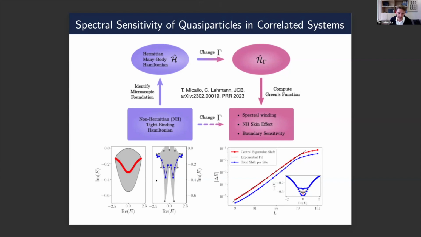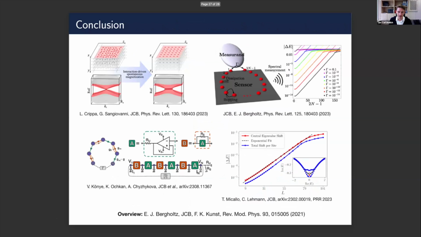And we find, and this is all data for the microscopic many-body model, that the qualitative effects are not in any sense artifacts of such an effective non-Hermitian tight-binding model, but do actually occur in real physics. And with this, since I'm already in discussion time, I want to conclude, and I'm happy to take your questions. Thank you.